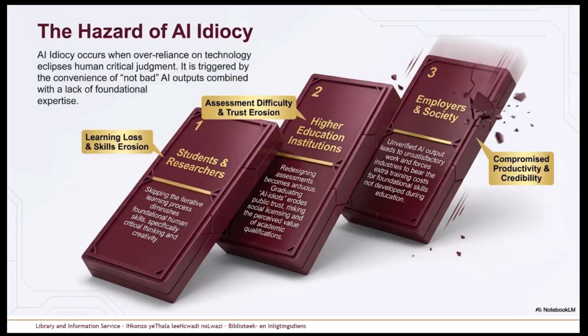So there's the risk for students and researchers, the risk of learning loss and skills erosion. Skipping the iterative learning process diminishes foundational human skills, specifically critical thinking and creativity. If we depend on AI to do the critical thinking for us, that skill will eventually become eroded.